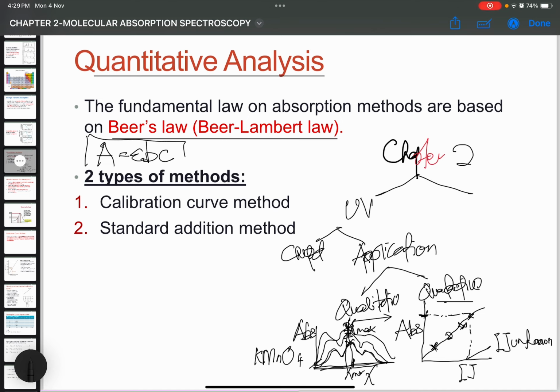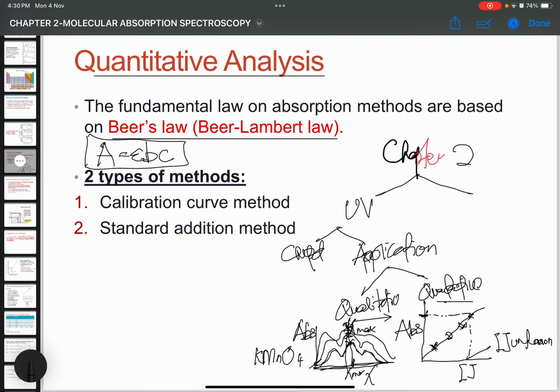By using this equation and plotting the graph using the instrument to get the standard absorbance reading, we can do two methods of quantitative analysis. The first one is the calibration curve method, and the second one is the standard addition method.